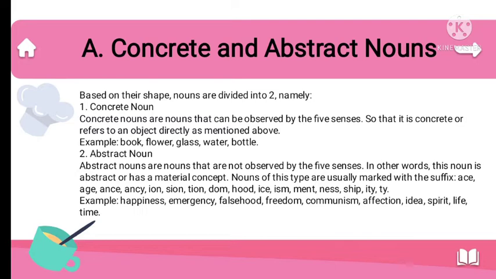Nouns of this type are usually marked with suffixes such as -age, -ance, -ion, -ity, -ism, -ment, -ness, -ship, -ty. And for example, happiness, emergency, falsehood, freedom, communist, motivation, affection, idea, spirit, life, and time.